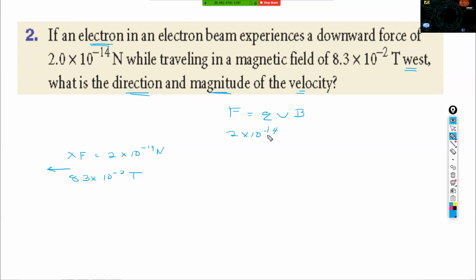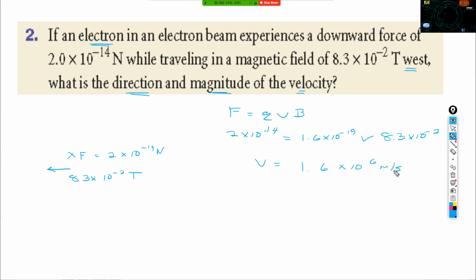And I'm not really going to worry about positives and negatives in here. We'll worry about direction with the right hand rule. 1.6 times 10 to the minus 19th because it's an electron. V times the B would be 8.3 times 10 to the minus second. Plug and chug. And you should get a velocity of 1.6 times 10 to the sixth meters per second.